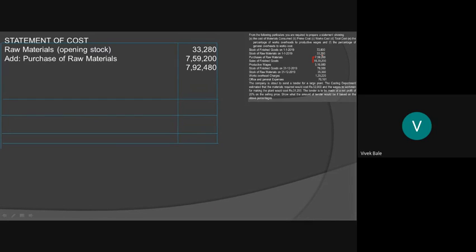From this material available, if you minus the closing stock of material, you get the material consumed.